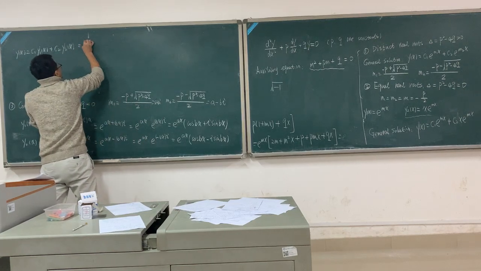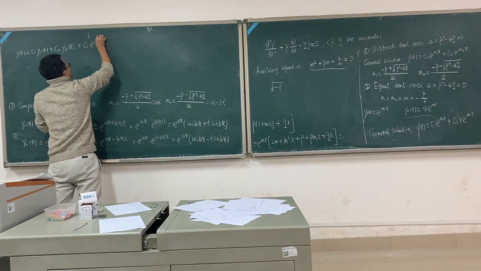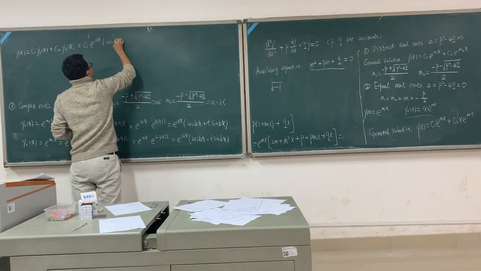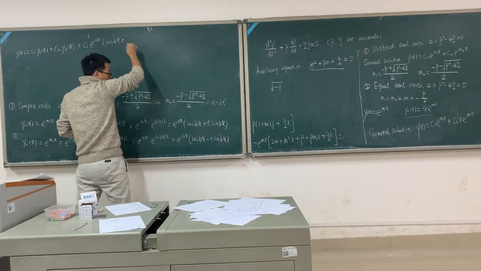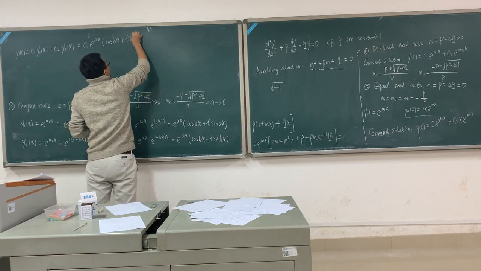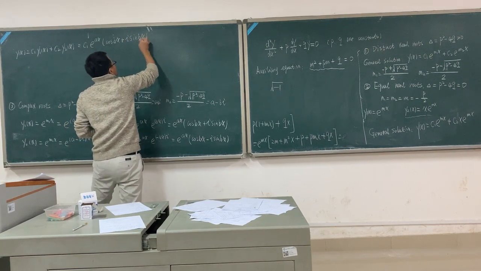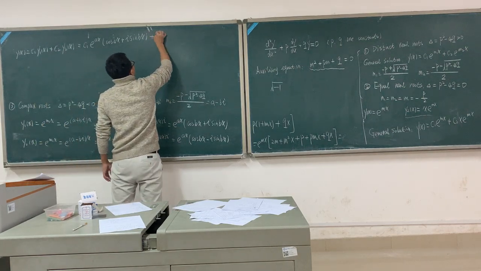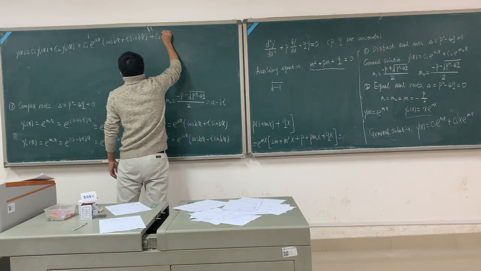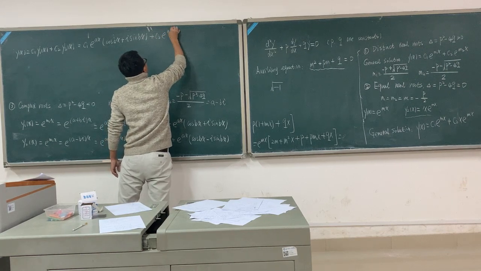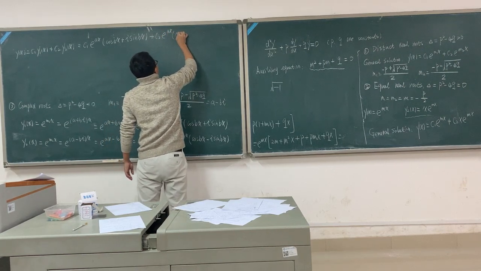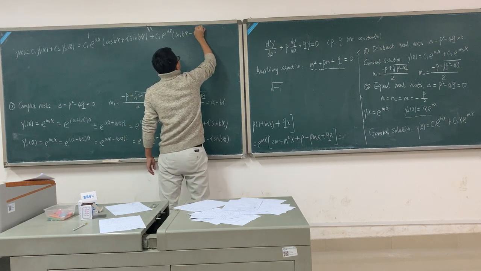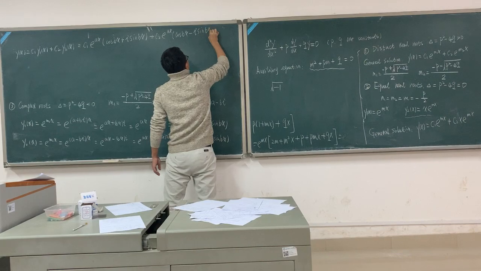So here is c1 e^(ax) times (cosine bx plus i sin bx), the first. The second is plus c2 e^(ax) times (cosine bx minus i sin bx).